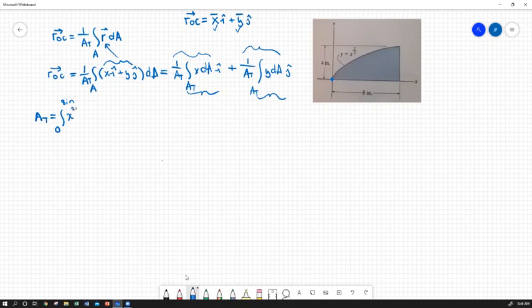So I can do the integral of x to the 2/3 dx, and that'll be x to the 2/3 plus 3/3, and 2/3 plus 3/3 is 5/3, from 0 to 8 inches.